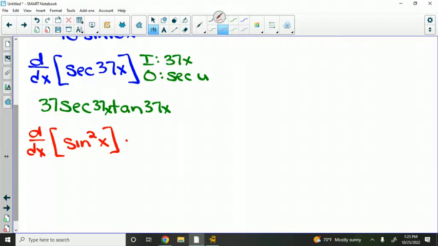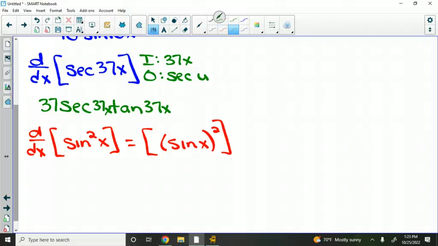Now do you remember how another way to write this is sine of x squared? So the reason why this is different is when you think about where the parentheses are, this time the trig is the inner part.